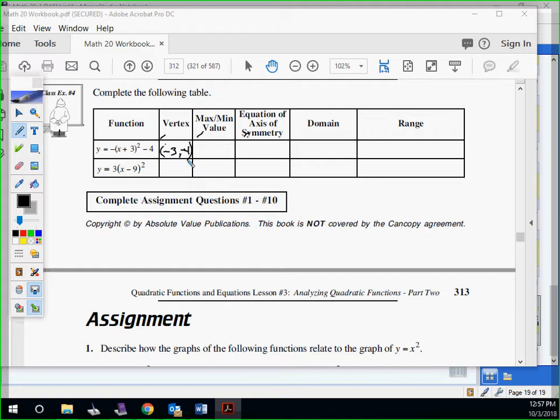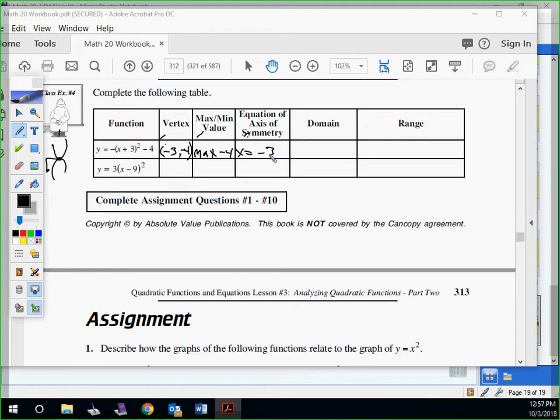So if we do this reflection from here to here, we're still there. And now we're going to move left 3, down 4. Okay? Max or min value is always going to be the -4. Is it a max or min? It's a max because it's a negative, right? So it's a max, -4. Your AOS is always this value. X is -3. We'll do domain and range last.